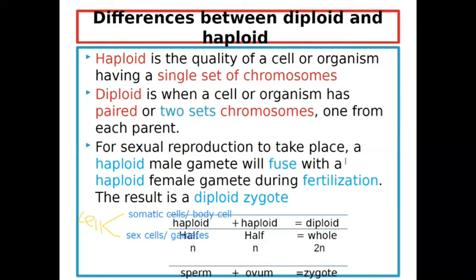Now, for sexual reproduction to take place, a haploid male gamete will fuse with a haploid female gamete during fertilization. The result is a diploid zygote. This is quite clear. Here is the haploid.